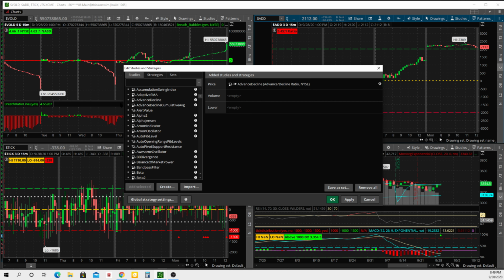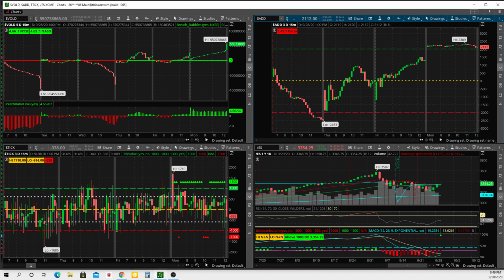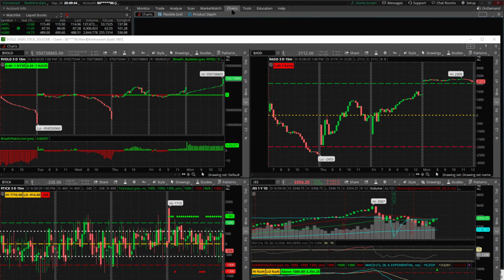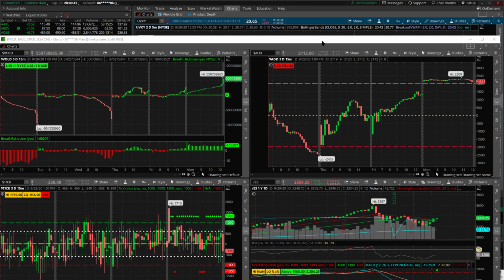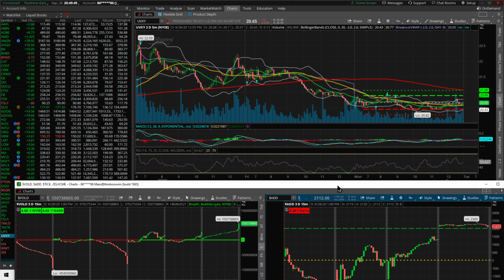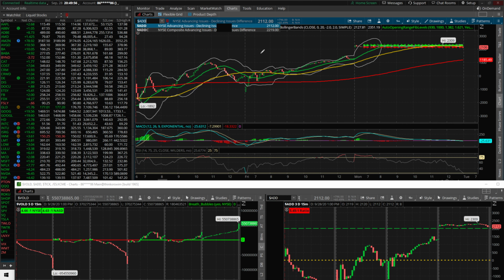So just for now, you can also go in and type in $ADD, and it'll come up for you. Okay, so if you go here and you go to chart, and I type in $ADD, it comes up, my ticker for the day. Now this I have on 5 minutes, and you can see here's your zero line.